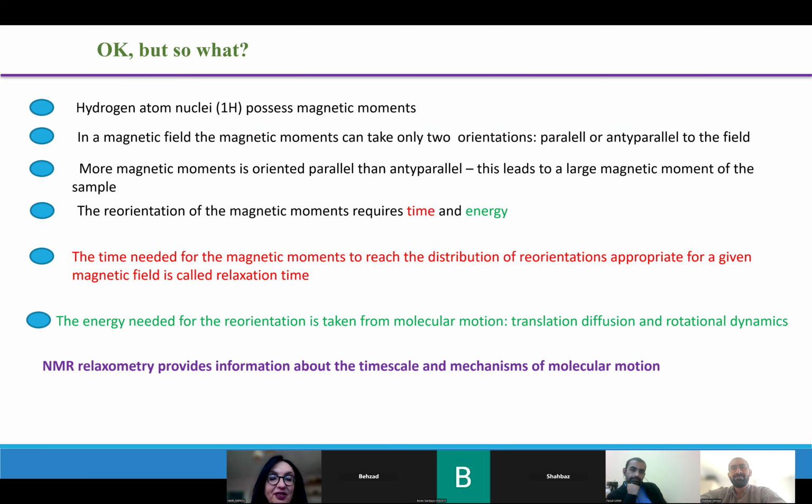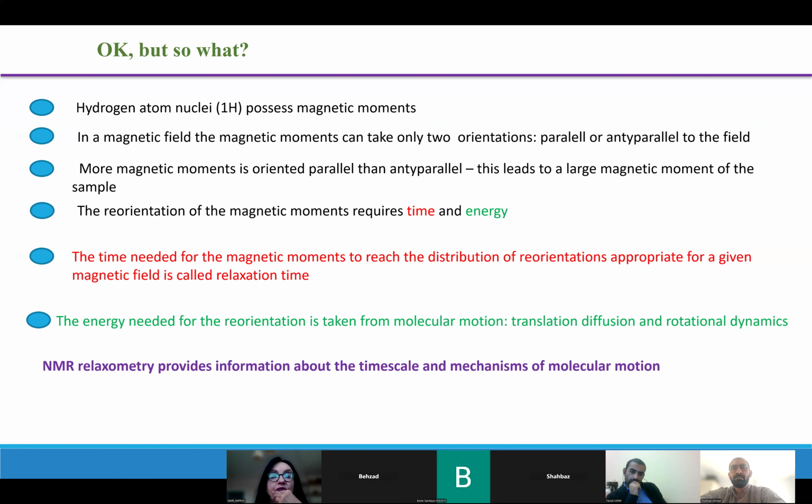However, it helps. What one should say is that it is reaching the state in which the populations of those two energy levels, with specific magnetic quantum numbers, are established. One should not be attached to the term orientation, but whatever. This process of inserting this kind of order in the system takes time and energy.